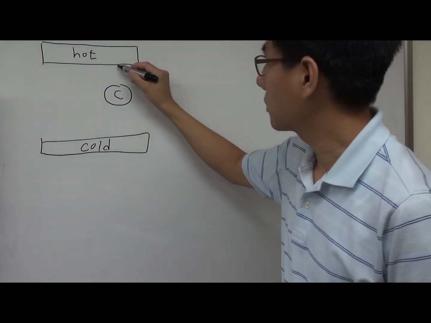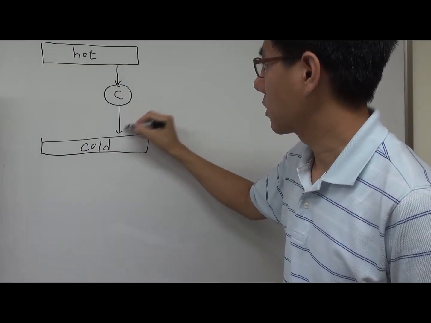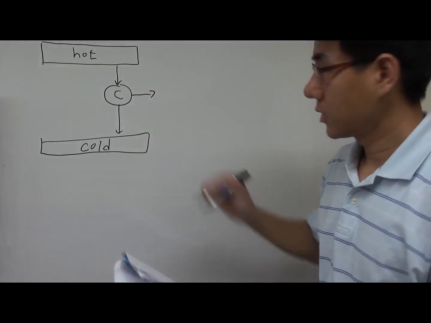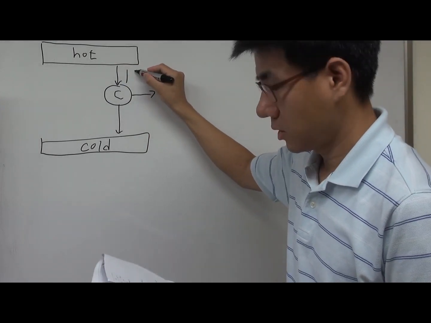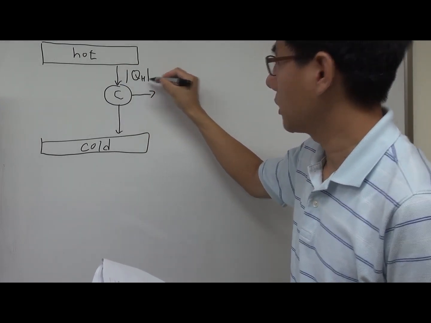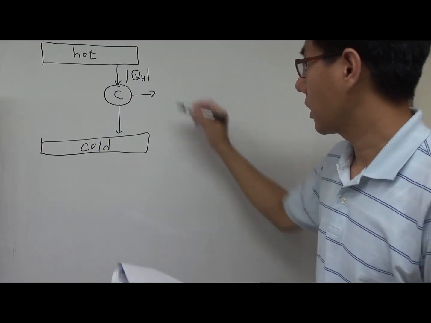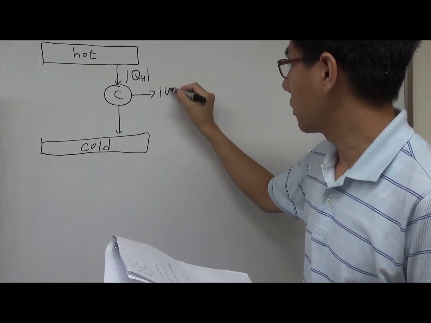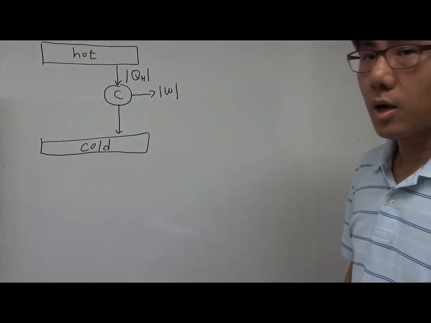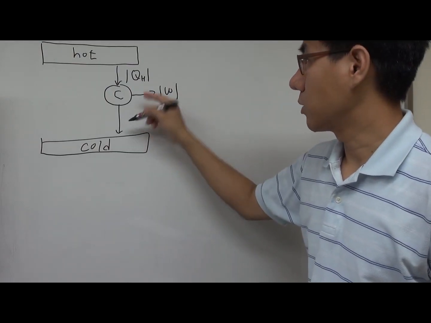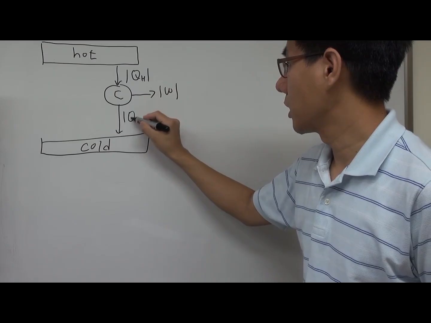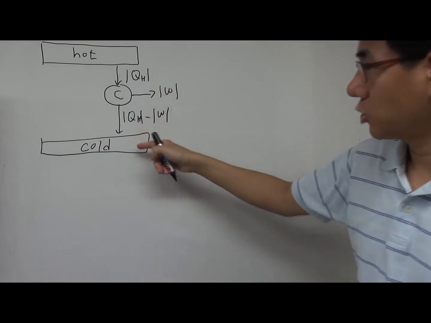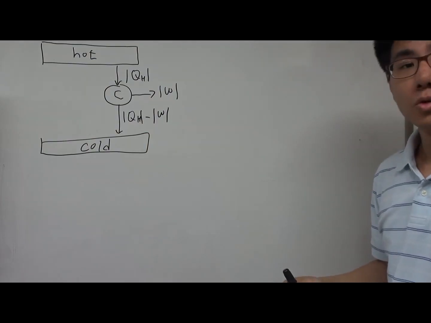So the Carnot engine works like this. It absorbs this amount of heat QH and converts it to work, and the rest of the heat, which should be QH minus W, is discarded to the cold reservoir, right?